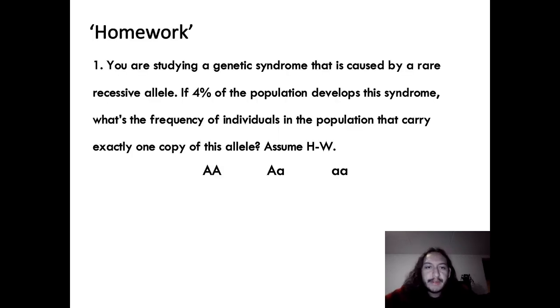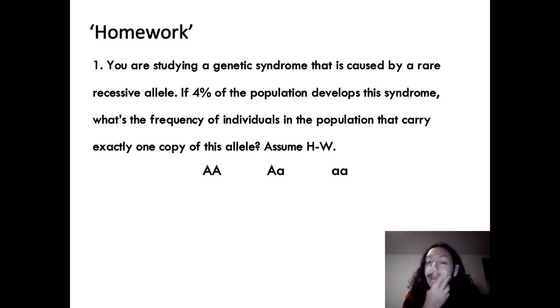So I'm going to start revisiting a bit of your homework. This is the question about this rare disease that was caused by a recessive allele. If 4% of the population develop this syndrome, what's the frequency of individuals in the population that carry exactly one copy of this allele?